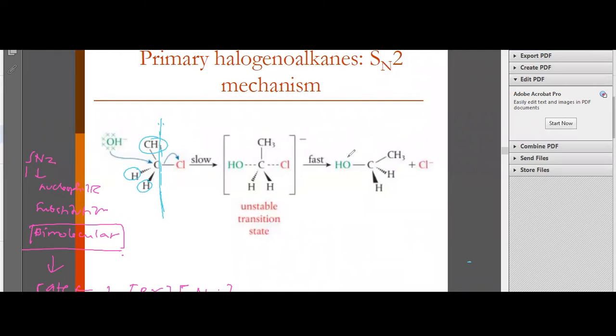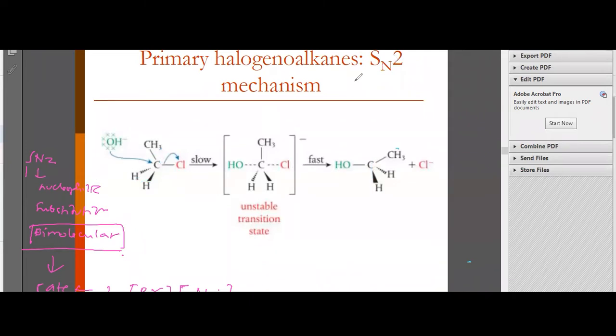But after the nucleophilic substitution occurs, CH3 is more to the right side. So this is called inversion configuration, because OH minus attacks from the back.